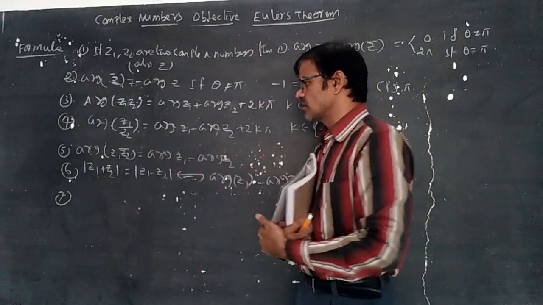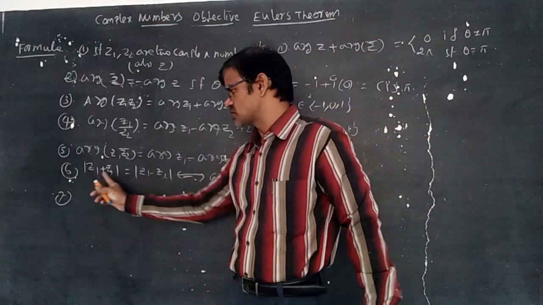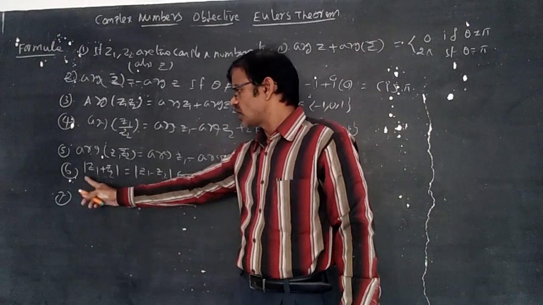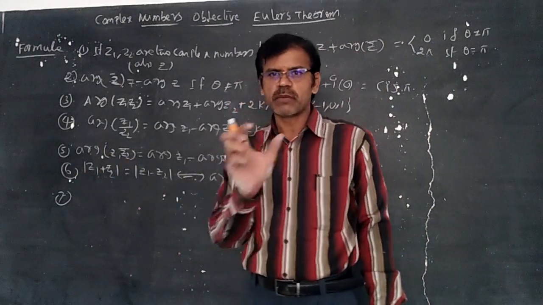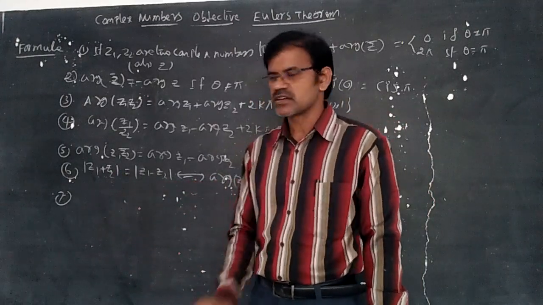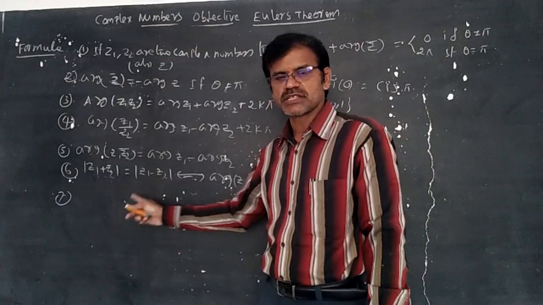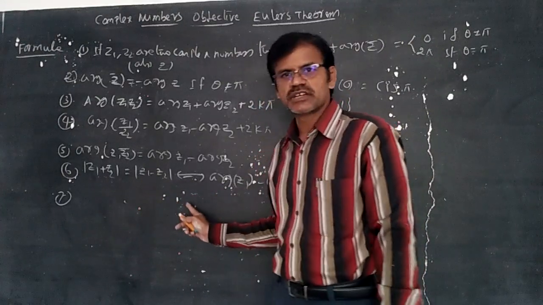In a similar way, you can calculate z1 plus z2 as r into cos theta 1 plus cos theta 2 in a bracket plus i into sin theta 1 plus sin theta 2 in a bracket. And here also, cos theta 1 minus cos theta 2 plus i into sin theta 1 minus sin theta 2.